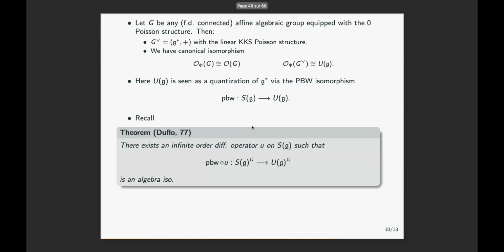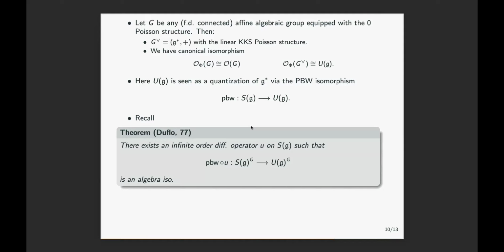And let me recall one of my favorite theorems by Duflo that says that S of G is a commutative algebra, U of G is very non-commutative. When you restrict to invariants, you can actually find another isomorphism between those. So part of that statement is the fact that this algebra is actually a commutative algebra, which is true.